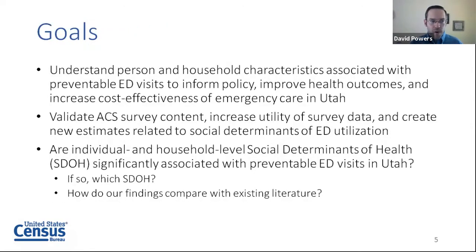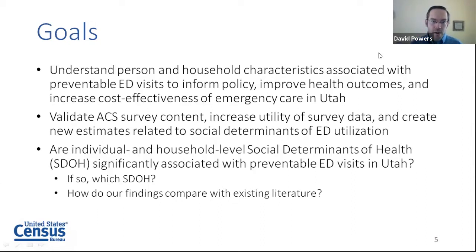So the goals of this work are to understand person and household characteristics associated with preventable emergency department visits to inform policy, improve health outcomes, and increase cost effectiveness of emergency care in Utah. We want to also evaluate ACS survey content, increase utility of survey data, and create new estimates related to social determinants of emergency department utilization.